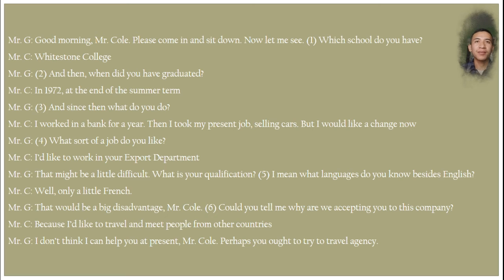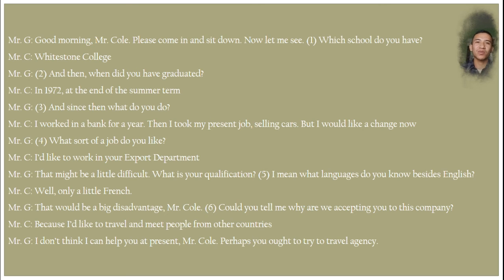Mr. Gilbert: And when did you graduate? Mr. Cole: In 1972, at the end of the summer term. Mr. Gilbert: And since then, what have you done? Mr. Cole: I worked in a bank for a year. Then I took my present job selling cars. But I would like a change now.